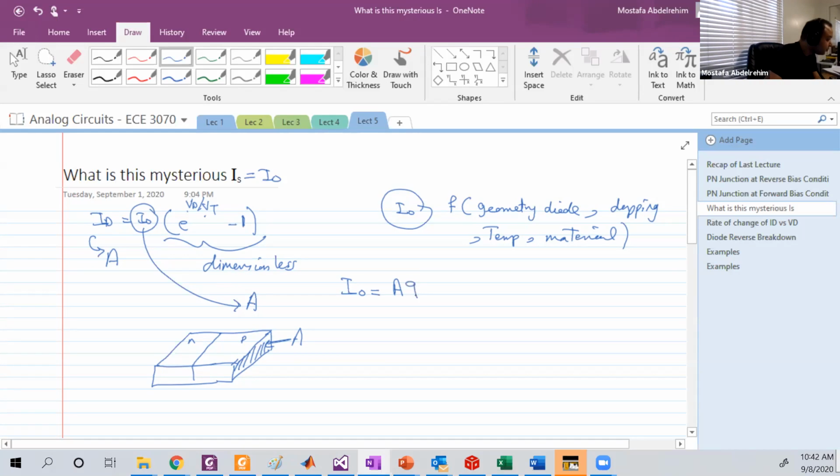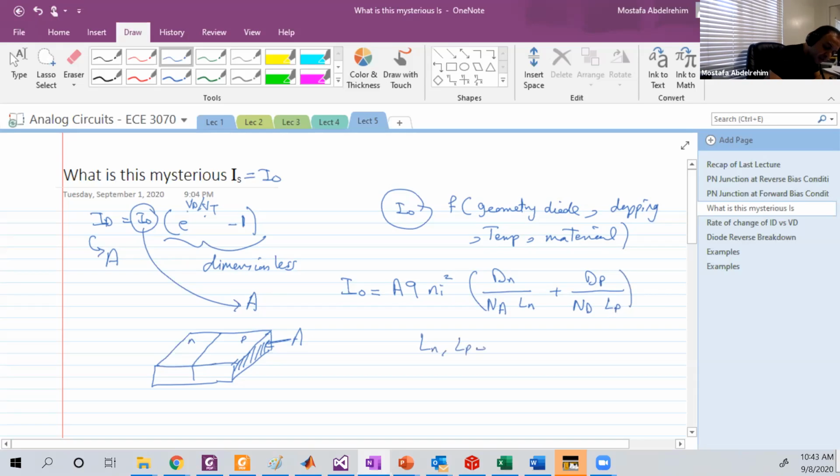Multiplied by q, by ni squared, and ni reflects the temperature and the material, because it depends on Eg, the energy gap, which is different from one material to another. Multiplied by Dn, which also reflects the material, over Na, the doping, which appears now, multiplied by something called Ln, I will explain in a moment, plus Dp, again the material, over Nd multiplied by Lp.